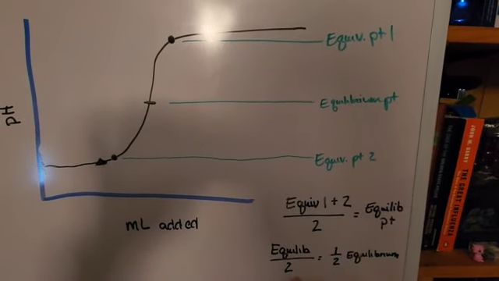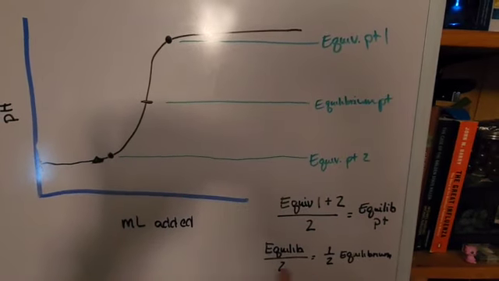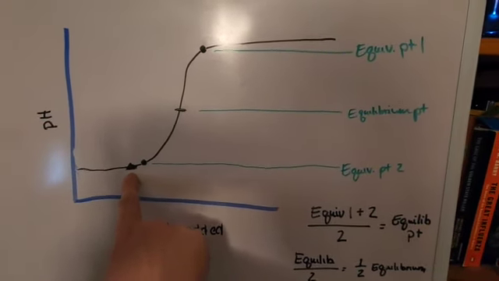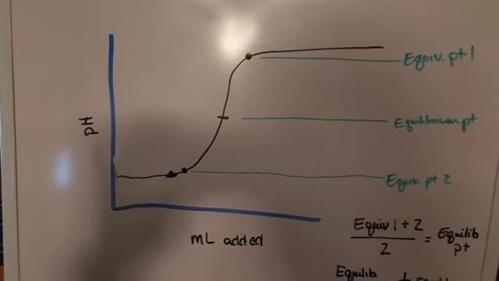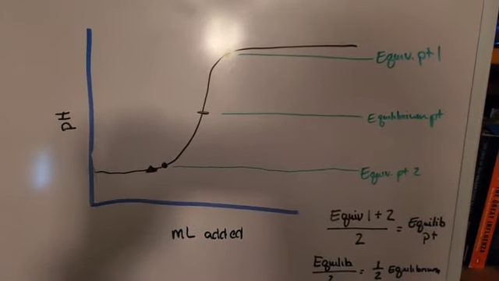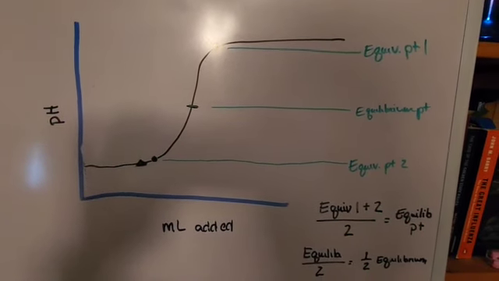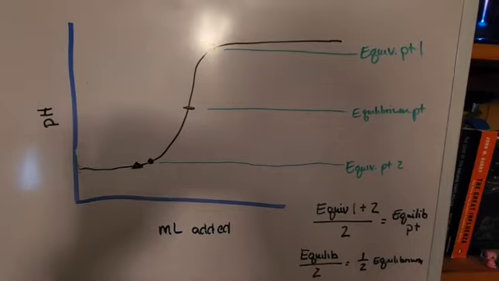The other one is when you take your equivalence value and divide that by 2, that's going to give you your half equivalence point, which is this little guy right here. Now, a very special thing happens at your half equivalence point, and that is that your pH is equal to your pKa.